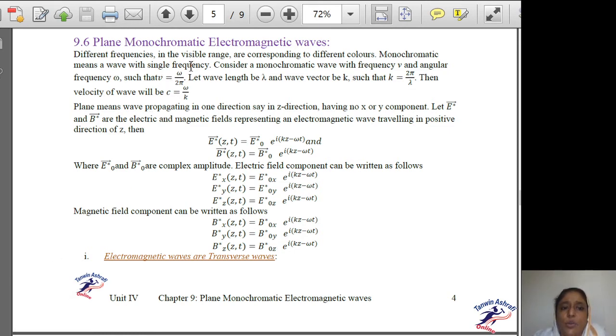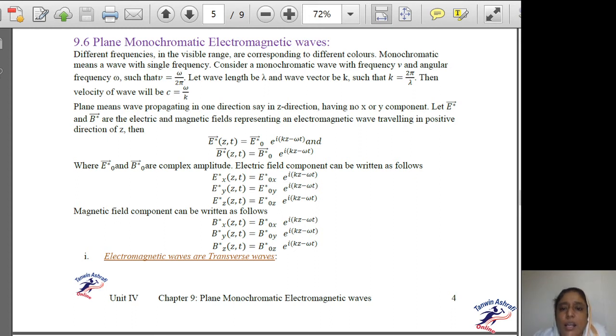That means nu is equal to omega by 2 pi. Let the wavelength be lambda and the wave vector be k, such that k is equal to 2 pi by lambda. Then the velocity of the wave will be c equal to omega divided by k. Plane means that the wave is propagating in one direction, let's suppose in the z direction, having no x and y component.